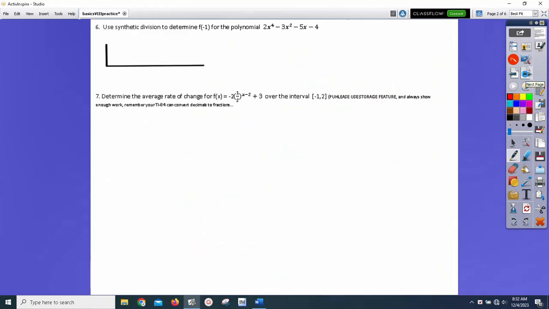6 says use synthetic division to determine, it should say if, to determine f of negative 1 for the polynomial. So this is literally telling you right here that x is 1. Sorry, negative 1, because we don't change signs on function notation. So it's going to go up front. My coefficients are 2, 0, notice the 0x cubed, negative 3, negative 5, negative 4, and I drop, I multiply, and I add.